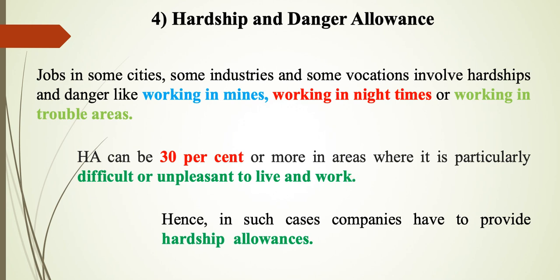Hence we can say these hardship allowances keep employees motivated to work in hardship and danger conditions. I hope you have understood this allowance and different types of allowance. Actually, I have taken a very small list of allowances. There are other allowances also.